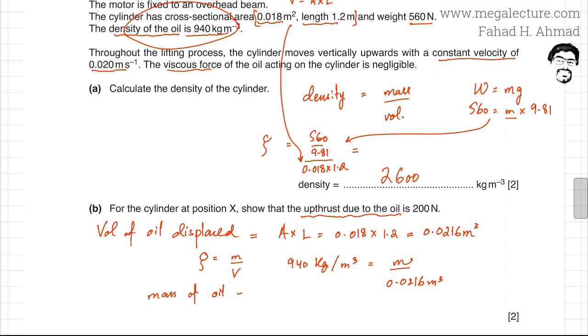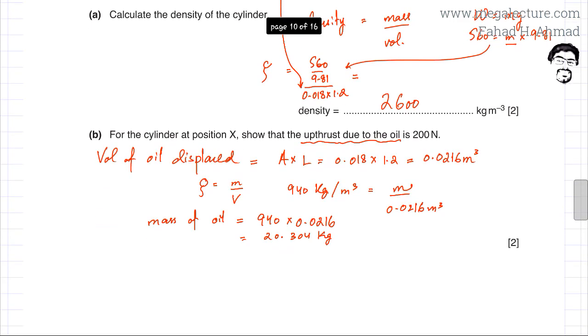So the mass of oil that has been displaced is 940 times 0.0216, and the value comes out to be 20.304 kg. So this is the mass of oil that has been displaced by the cylinder that's been dipped into it.